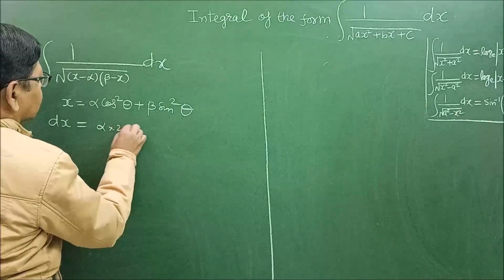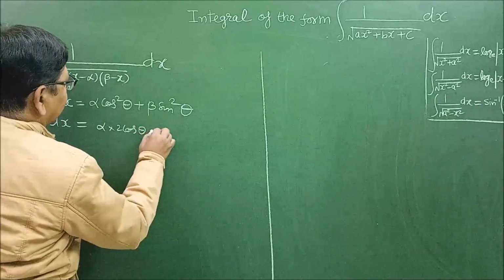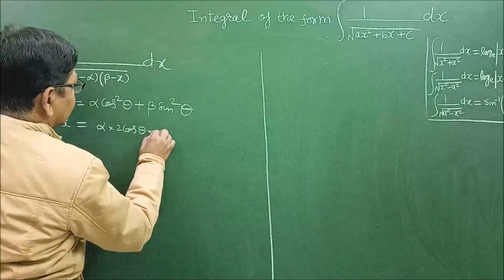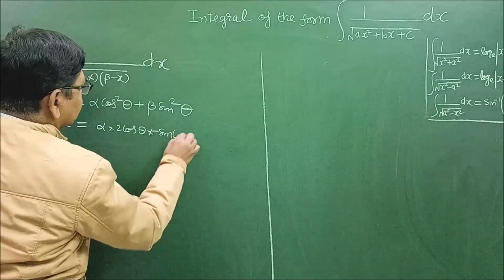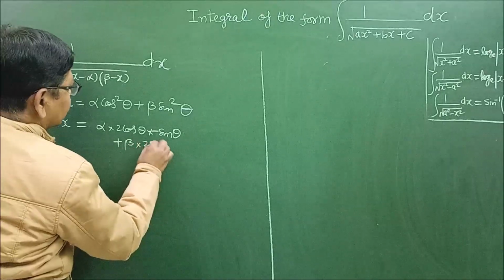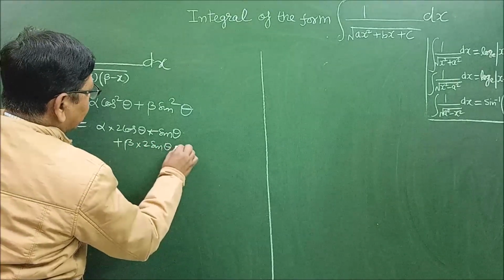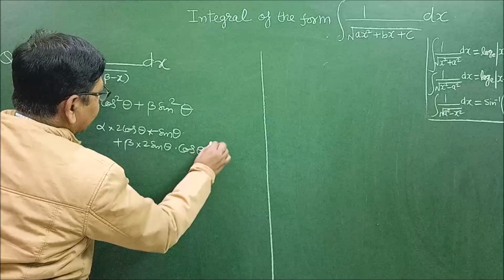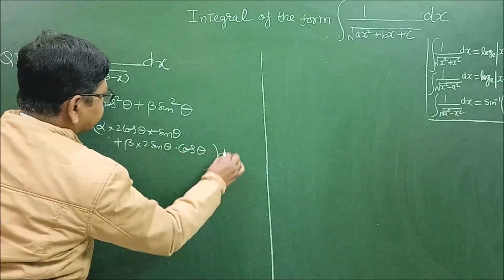into 2 cos theta into minus sin theta plus beta into 2 sin theta into cos theta, and then d theta.